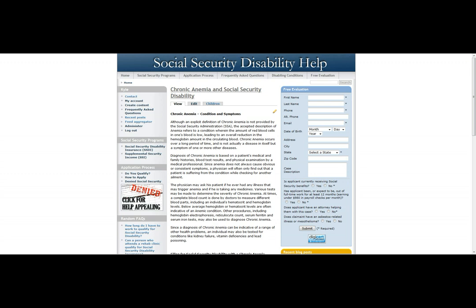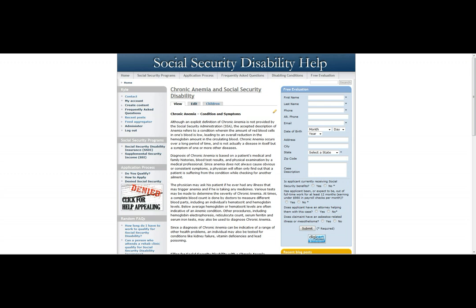Other procedures, including hemoglobin electrophoresis, reticulocyte count, serum ferritin, and serum iron tests may also be used to diagnose chronic anemia. Since a diagnosis of chronic anemia can be indicative of a range of other health problems, an individual may also be tested for conditions like kidney failure, vitamin deficiencies, and lead poisoning.